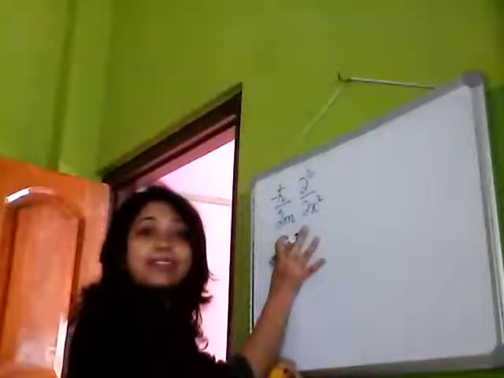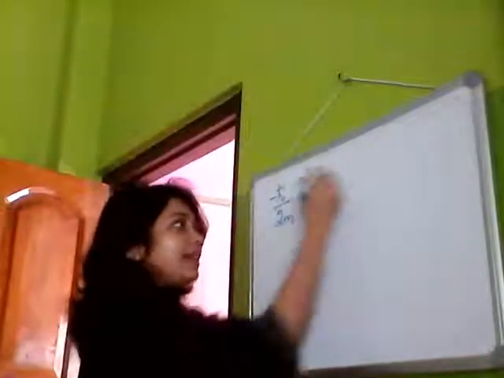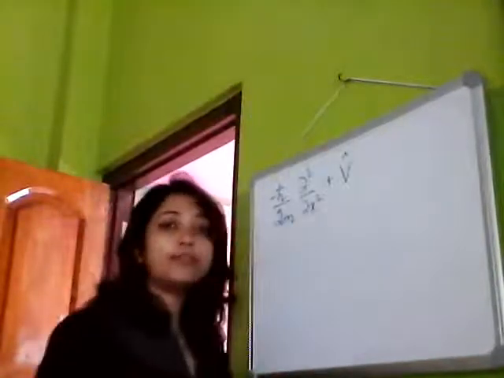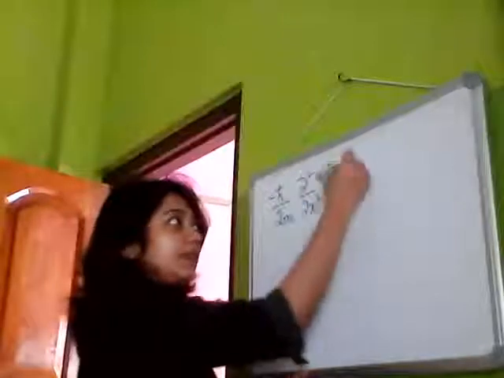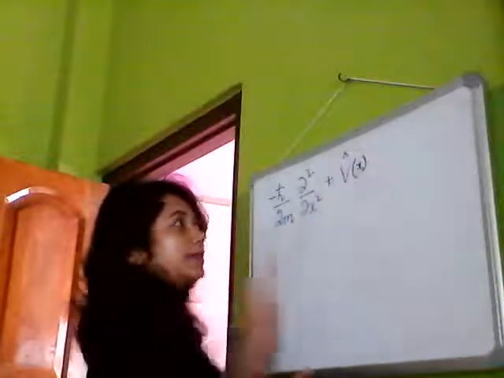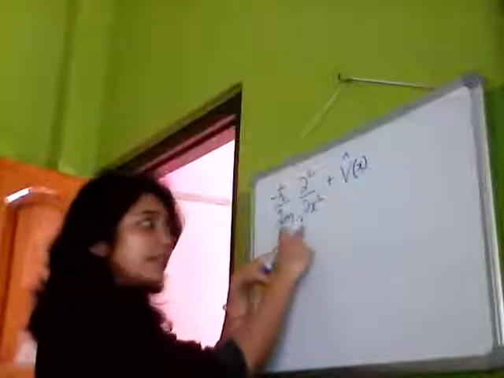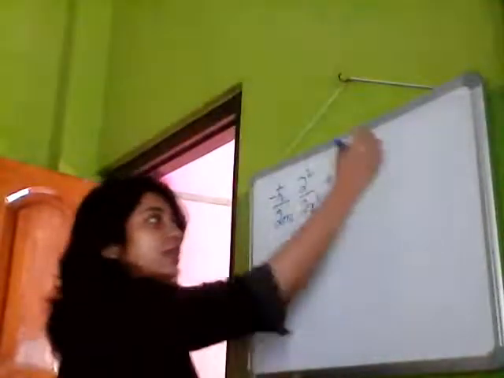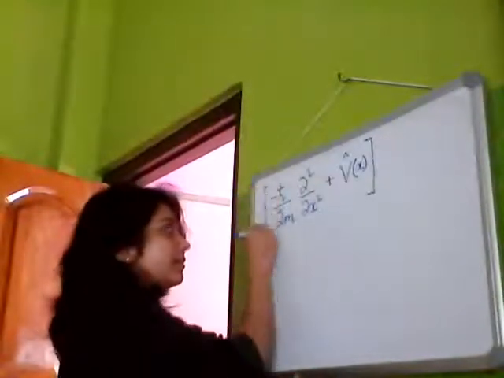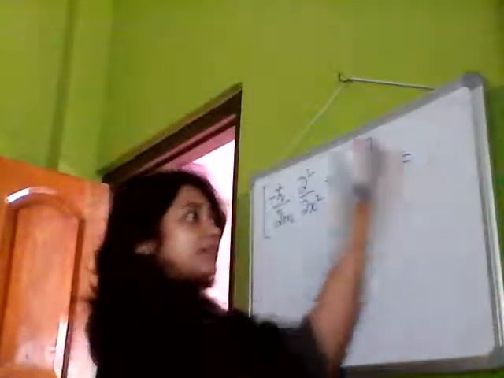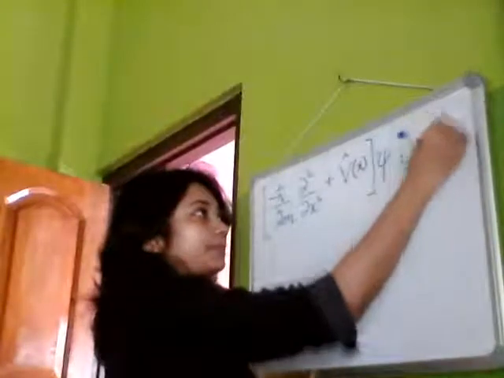This part is the kinetic energy operator, and along with it, I write the operator of potential energy as V. This is our total energy operator, in terms of kinetic energy plus potential energy. Now this operator will act on our psi and it will give us E psi.